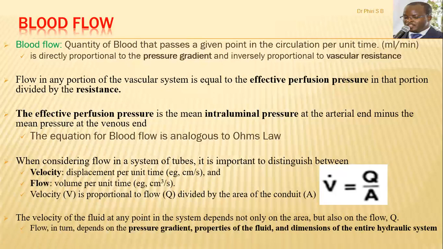And the flow in turn depends on the pressure gradient, the properties of the fluid, such as the viscosity and density of the fluid, and also the dimensions of the entire hydraulic system, meaning the radius and the diameter. So blood pressure, properties of the fluid, and dimensions of the hydraulic system will have an effect on blood flow. So there is a relationship between resistance and blood flow.